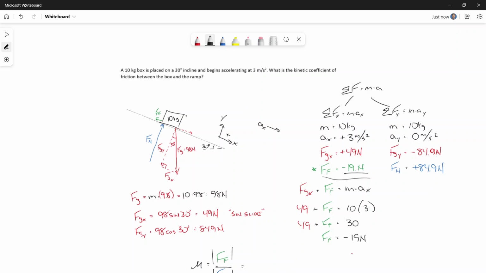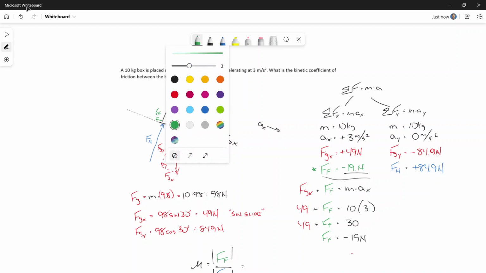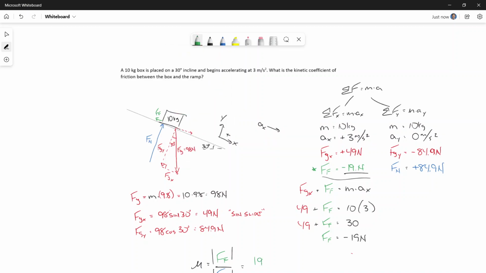We have negative friction in this case, but if we decide to call up the ramp positive, then friction would be a positive force. So we're going to put in what we have here for friction. Friction is 19 newtons. The normal force is 84.9 newtons.